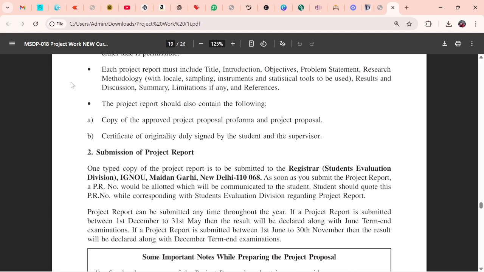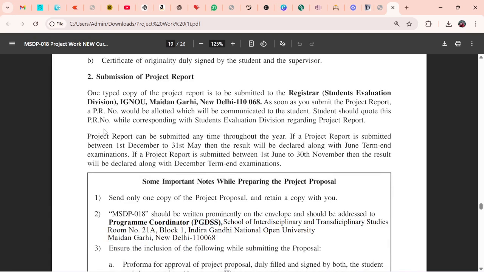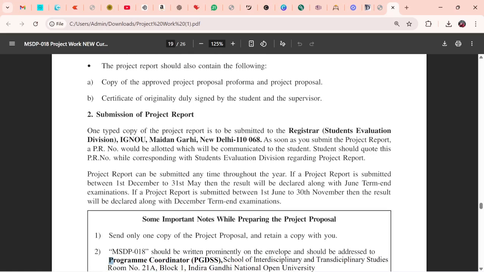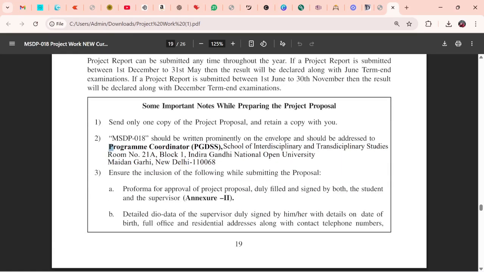Okay, you can submit your project at this address. This is the process of submission of your project report. This is the address given where it has to be sent in IGNOU.